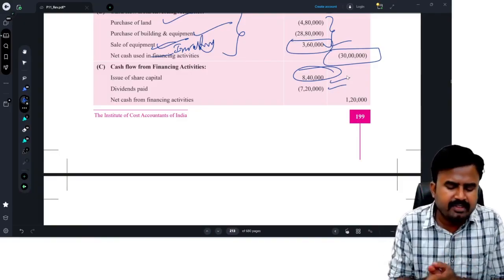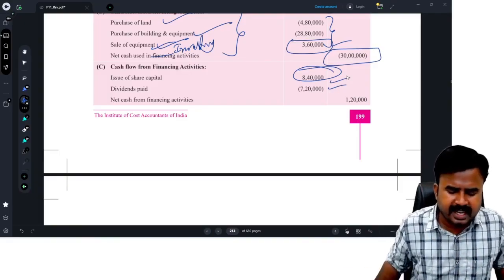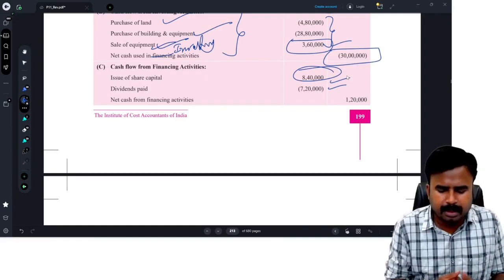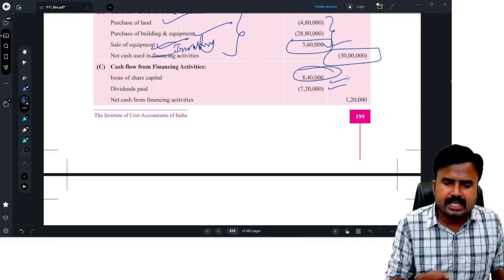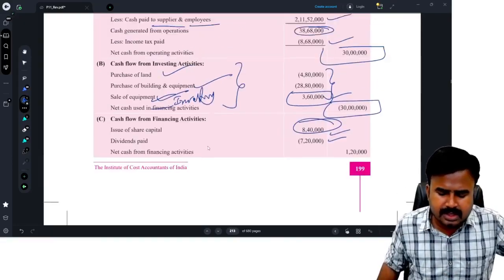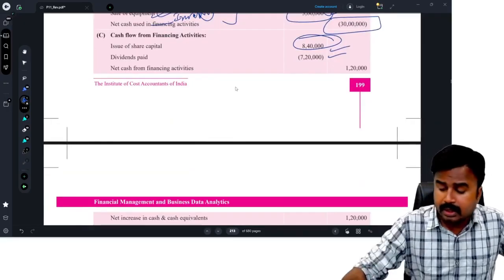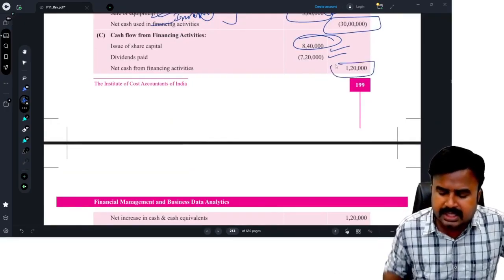No such transactions were given here. The only two transactions under financing activity are issue of share capital, which is the difference between opening and closing share capital balance, and dividend paid, which was taken from your income statement. So we got 1,20,000 generation.